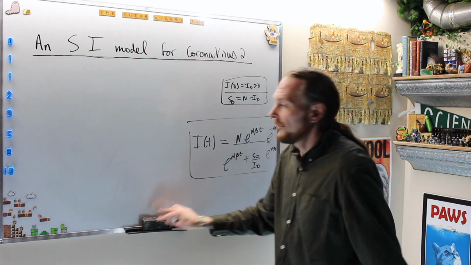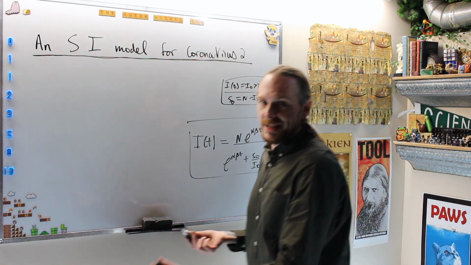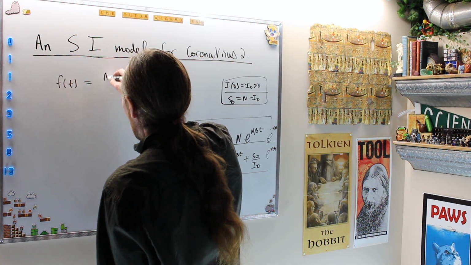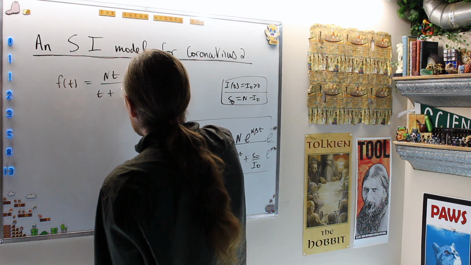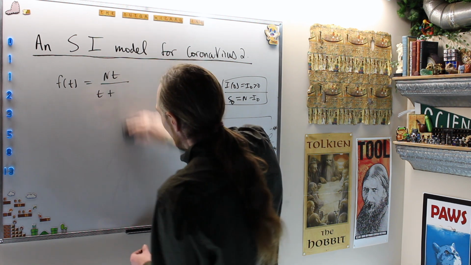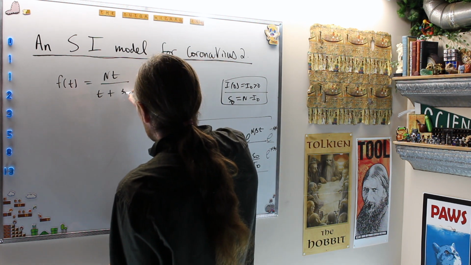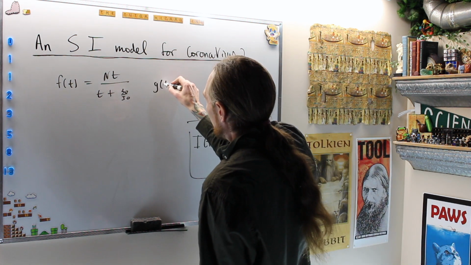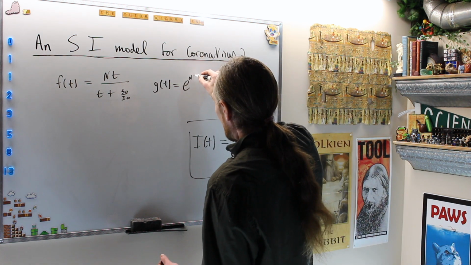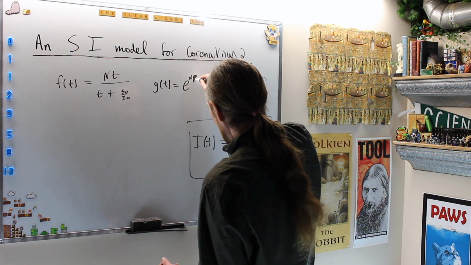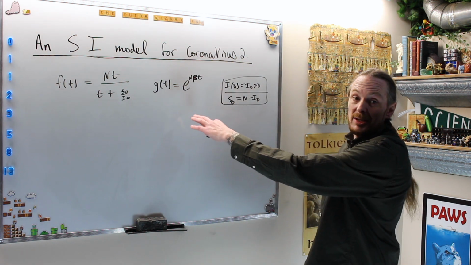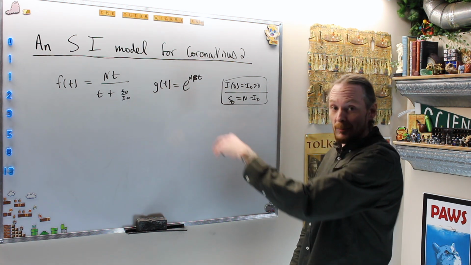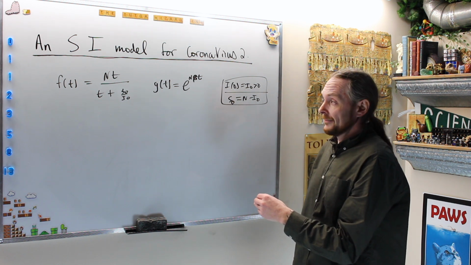You can fast forward. From this, now you're talking about f and g again. Yeah, that's right. Let f of t equal n t over t plus b, where we know what b is now, S naught over I naught. Let g of t equal e to the n beta t. This gives me, let's compose some functions. Now it's extremely important. We'll get the solution to this system.